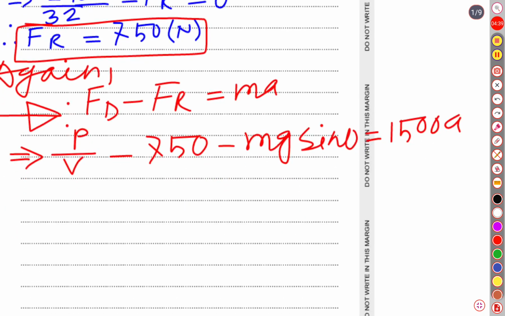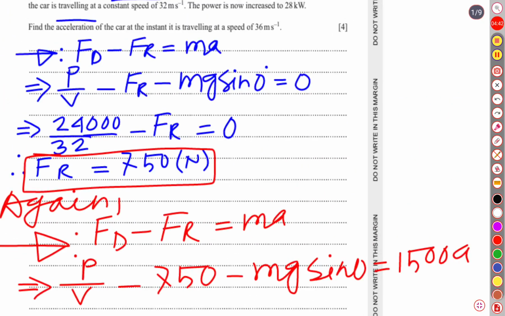Now we are going to substitute the values. Let us see, power is now how much? Power is now 28 kilowatt.